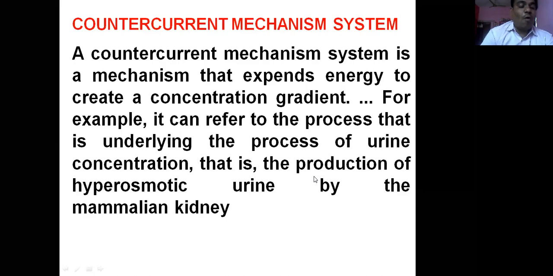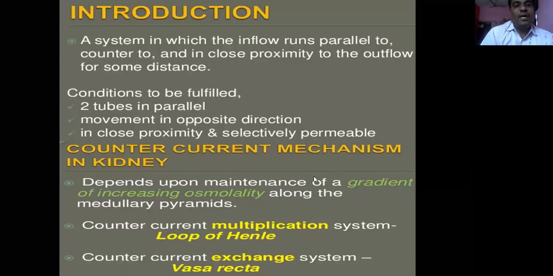This system operates in the hairpin-like loop of Henle. It is a system in which the inflow runs parallel, counter to, and in close proximity to the outflow for some distance.